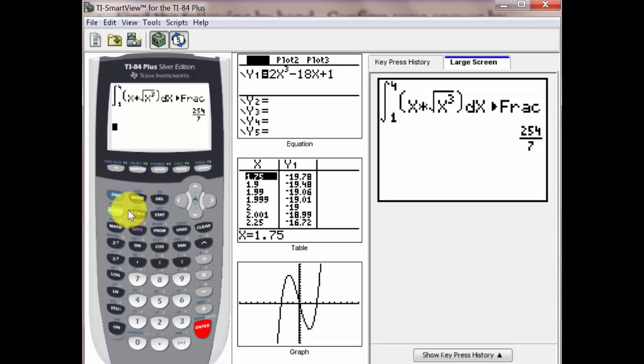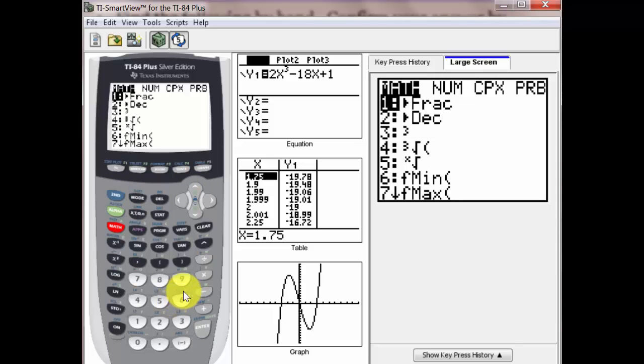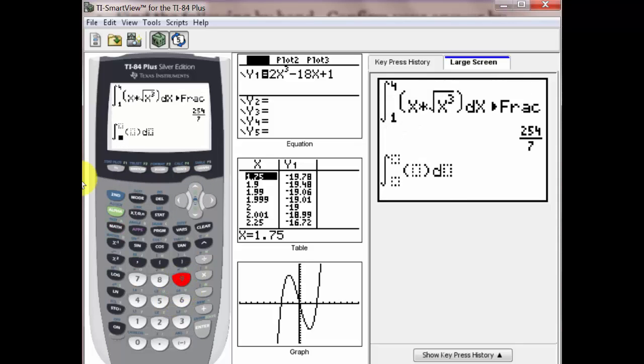All right, now let's do the other one. So I go math, just regular old math. You can just type the number 9. All right, the second one we were from 1 to 3 of our function. Now our function was 3x to the 4th plus 2x squared.